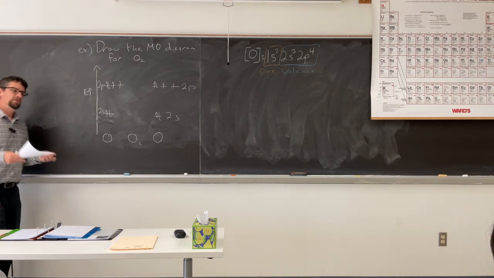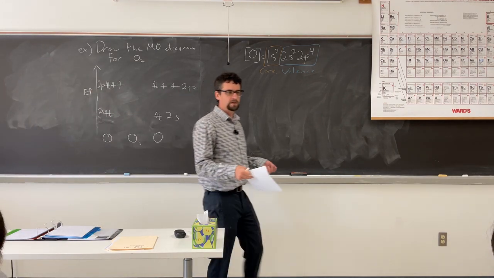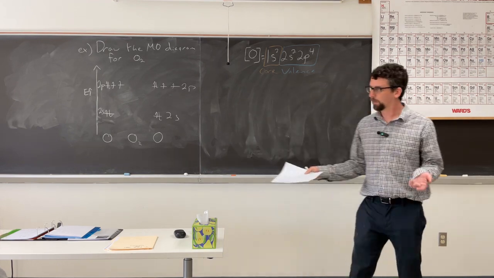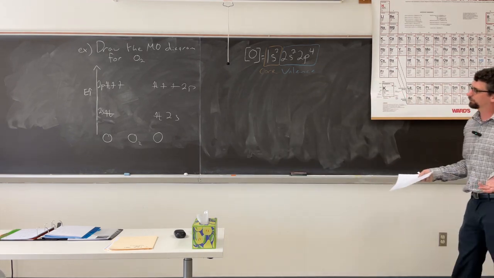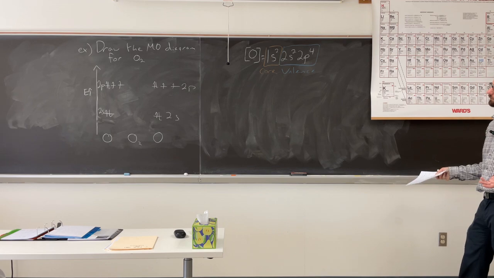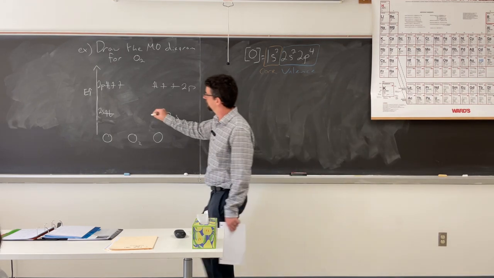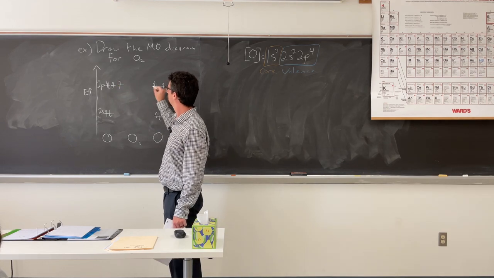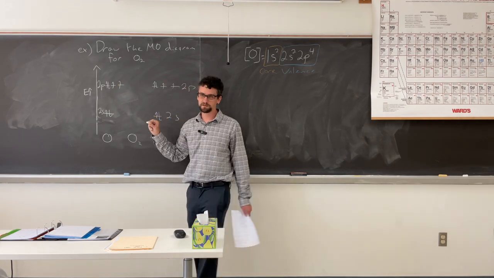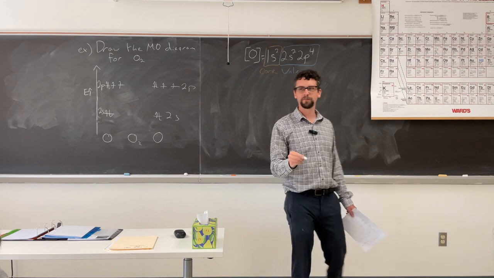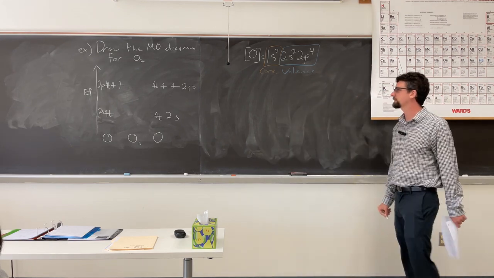Okay, let's use our intuition to try and predict what new molecular orbitals are going to come out. How many MOs are we going to have in total? How many AOs are going in? 8. So we should have 8 MOs out using our minimal basis functions.